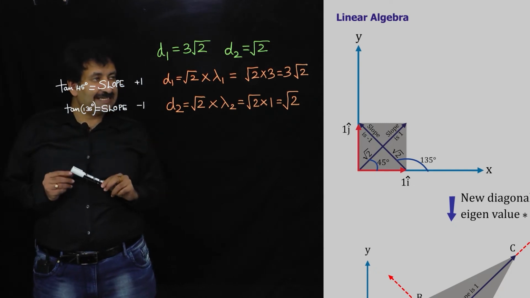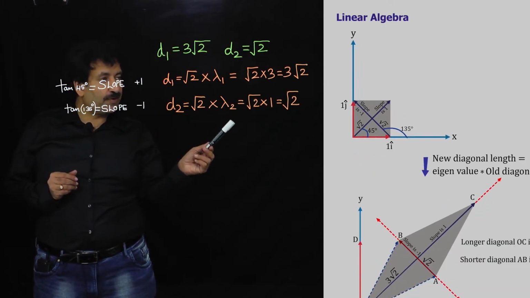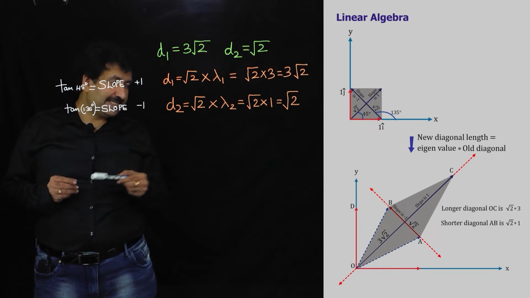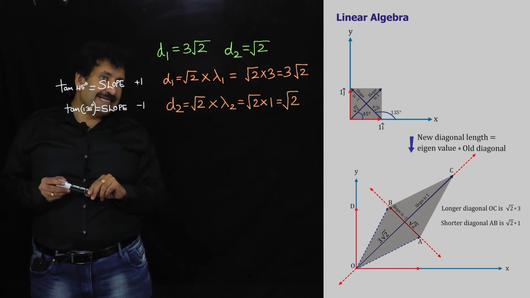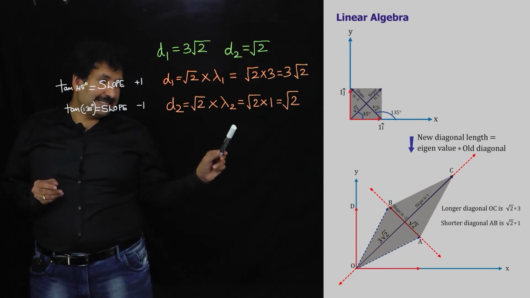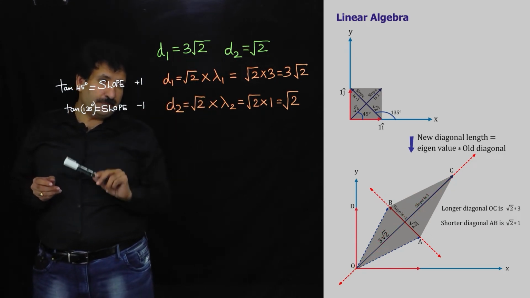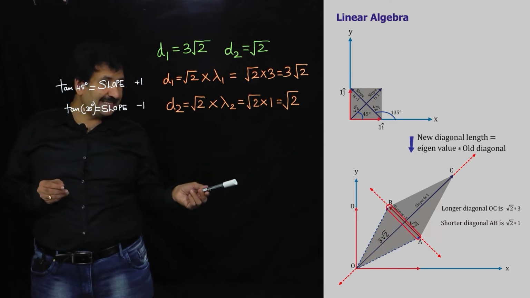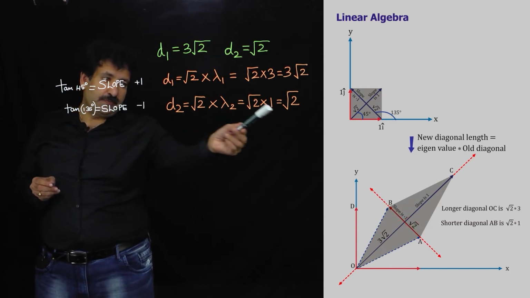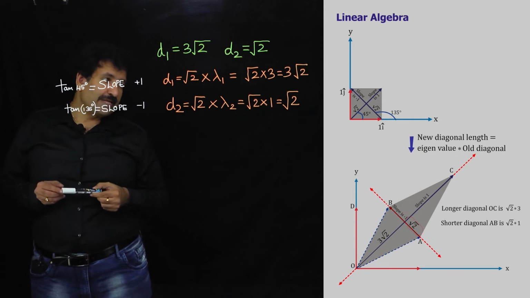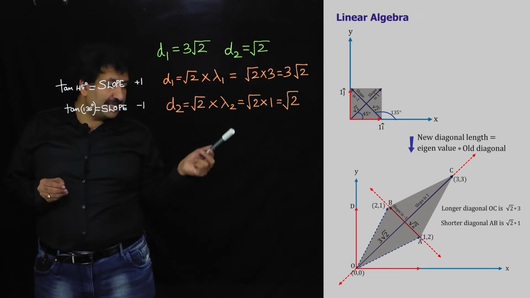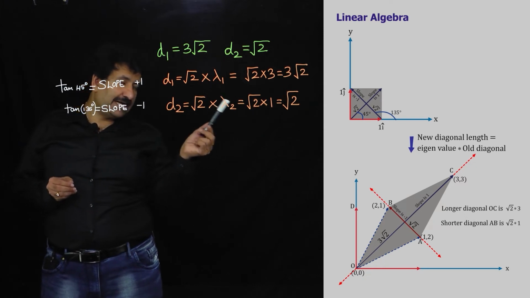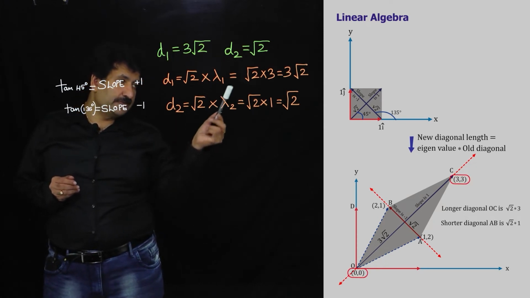Having understood this, now let's look at the transformed square, that is the rhombus I am talking about. Here the larger diagonal has the value 3 root 2 and the shorter diagonal has the value root 2. If you look at the coordinates of the endpoints of the larger diagonal, it is 0, 0 and 3, 3.